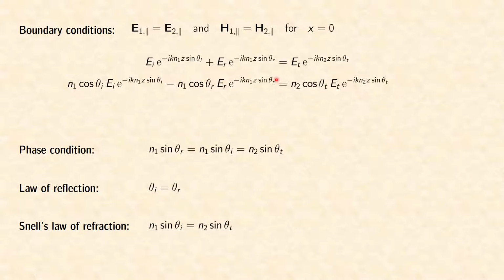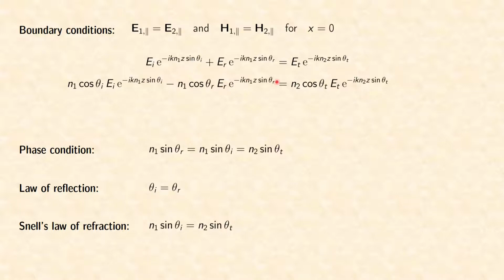Again, we have to add the incident and the reflected field, which in total give the magnetic field in medium 1, and in medium 2 we have just the transmitted field. The minus just comes from the respective sign of the reflected magnetic field.